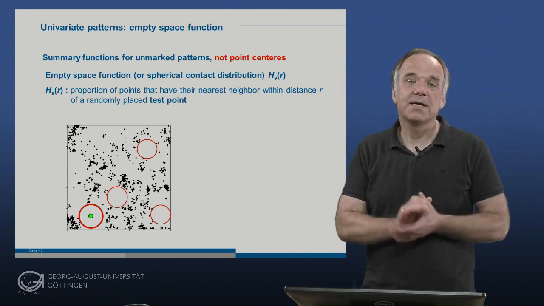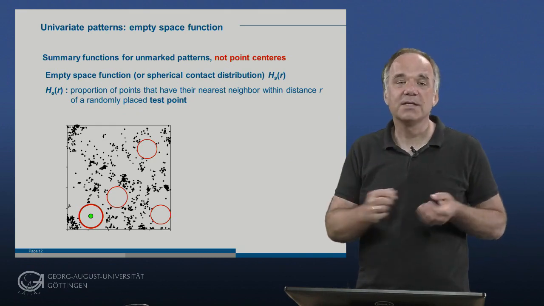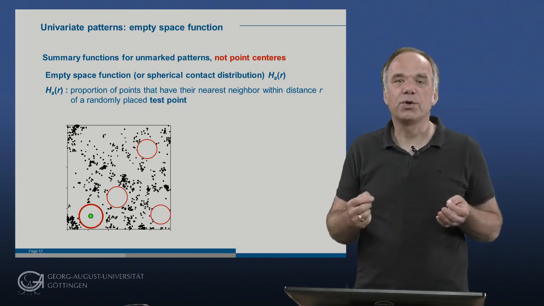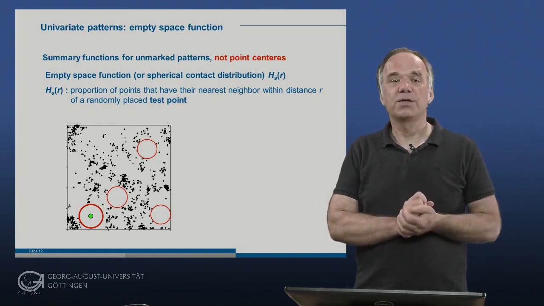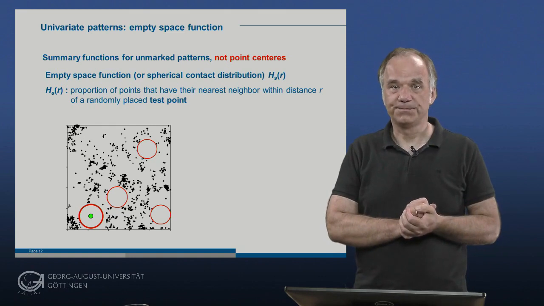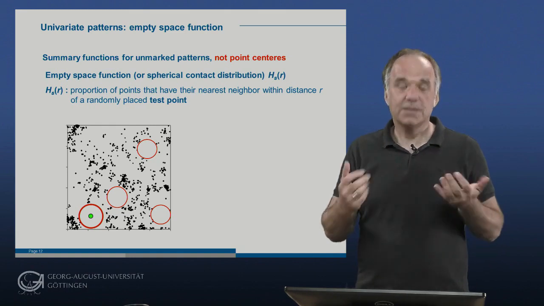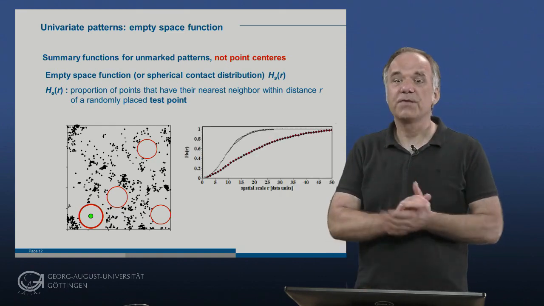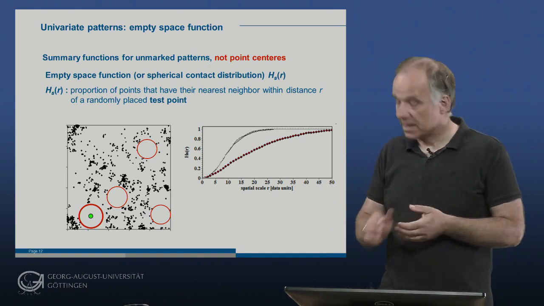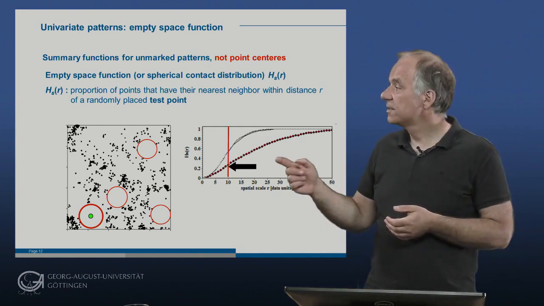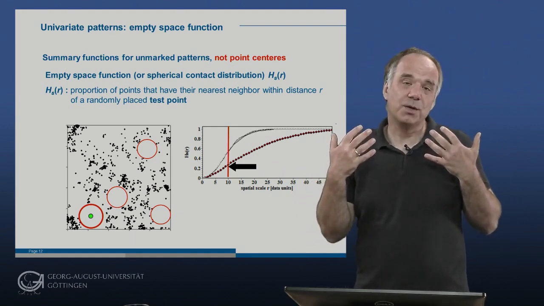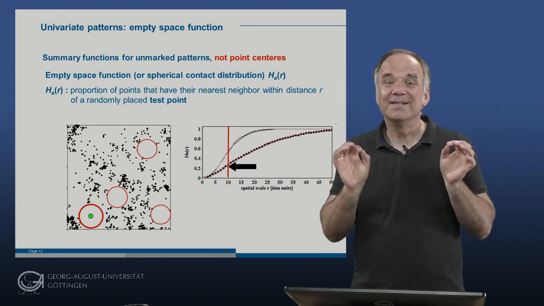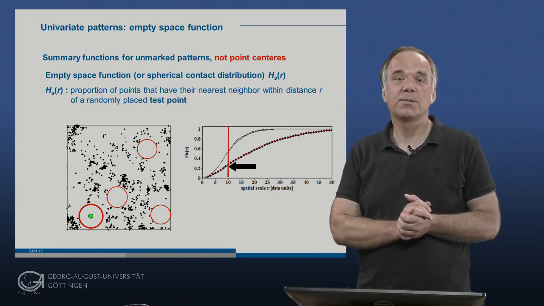In practice, the empty space function can be estimated by locating test points on a very fine grid and determining for each grid point the distance to the nearest point. And this is now how the summary function looks. Again, we can look at a distance of 10 meters and we find that only about 20% of all test points have the nearest neighbor within 10 meters.